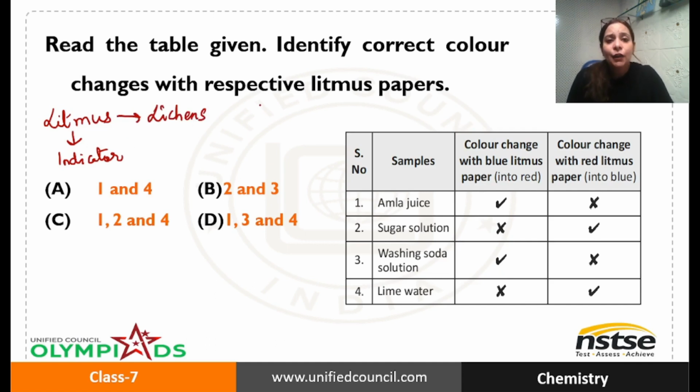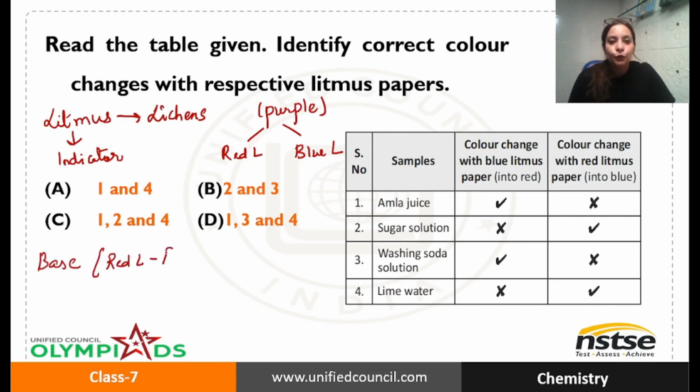Originally, the color of litmus is purple, but in the lab we use it as red litmus or blue litmus. It can be used to test whether the given substance is acidic or basic. When we treat a base with litmus, it turns red litmus to blue.